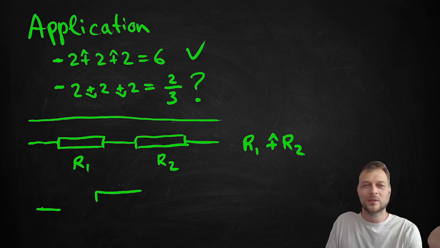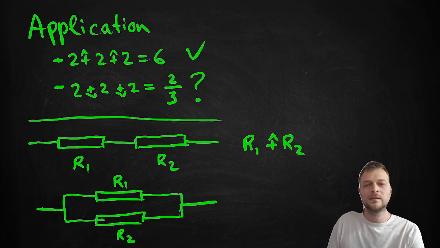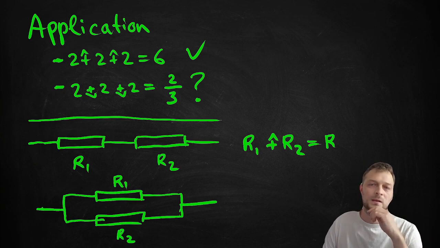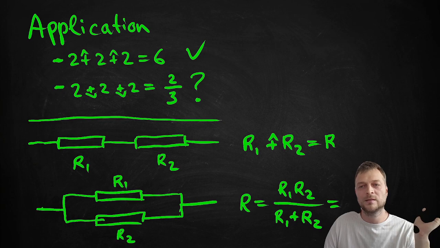If we take the parallel connection of R1 and R2, the total, let me write here R total, will be equal to, you can look up the formulas, R1 times R2 divided by R1 plus R2. And this is exactly equal to R1 dual plus R2.